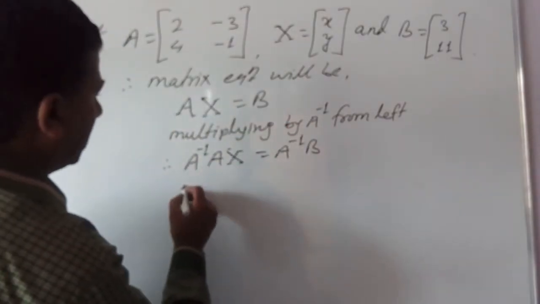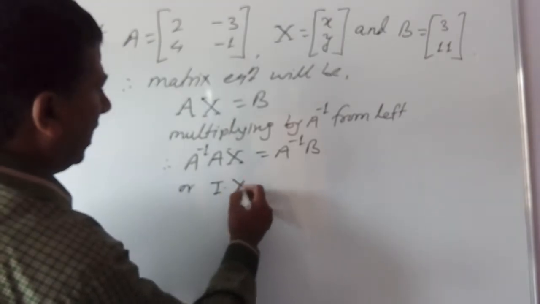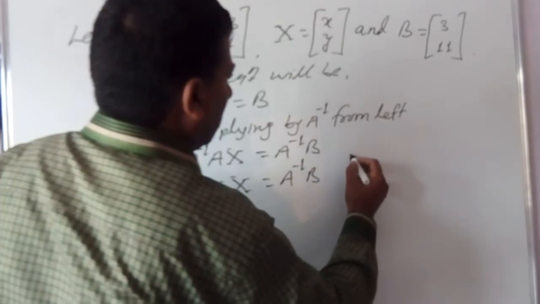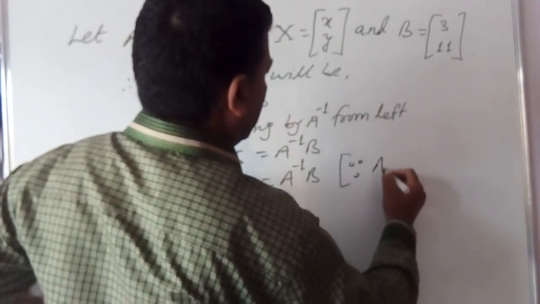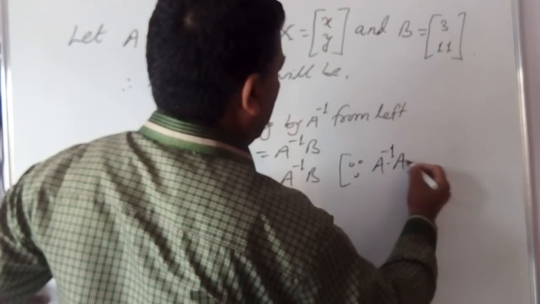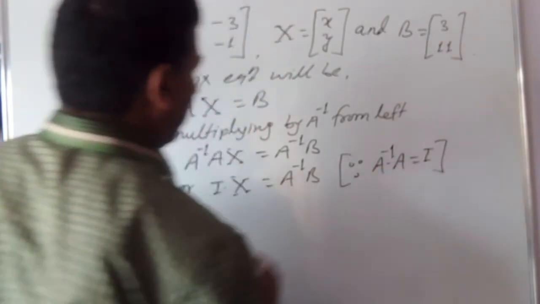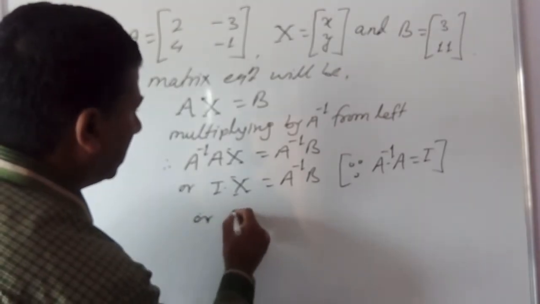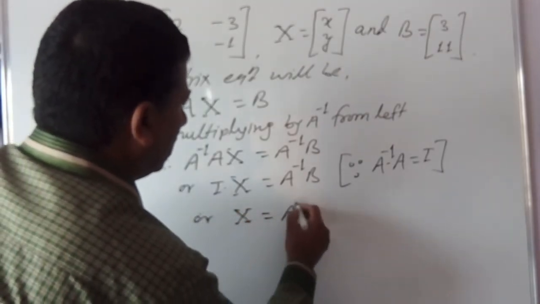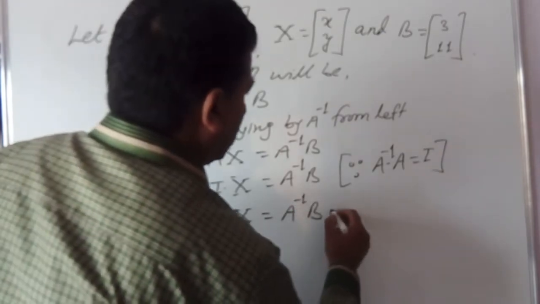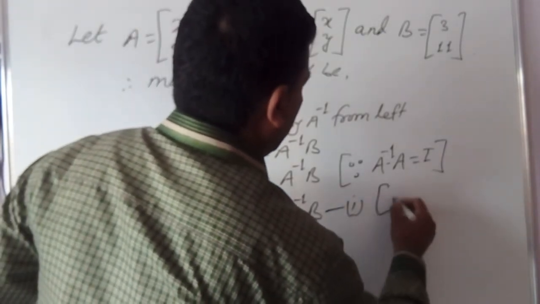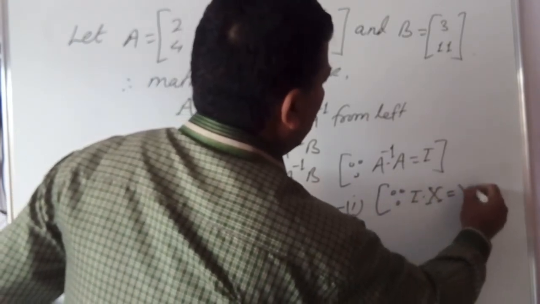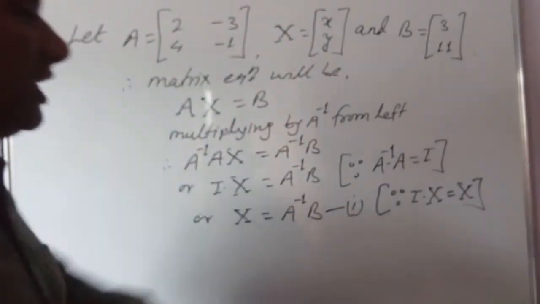Now A inverse A equals I, the identity matrix, so I X equals A inverse B. Since I times X equals X, X equals A inverse B. Say this is equation 1.